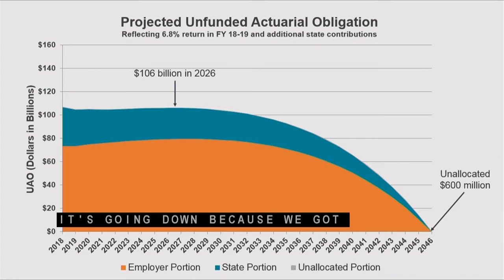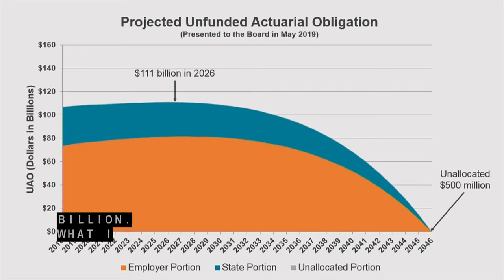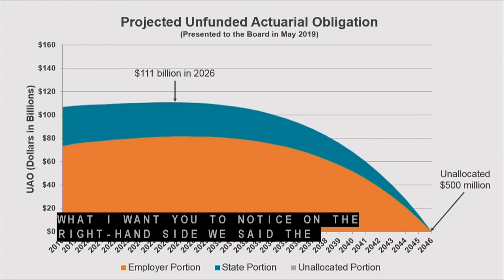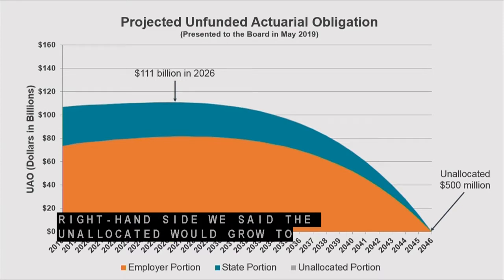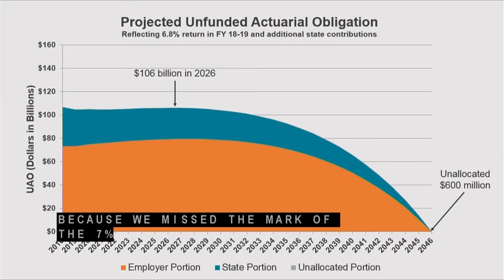But what I want you to also notice on the right-hand side, in May, we told you the unallocated will grow to about 500 million. Because we missed the mark and had just below our 7% assumed return, it added a little bit to the unallocated, and that number now is going to grow to about 600 million by 2046.